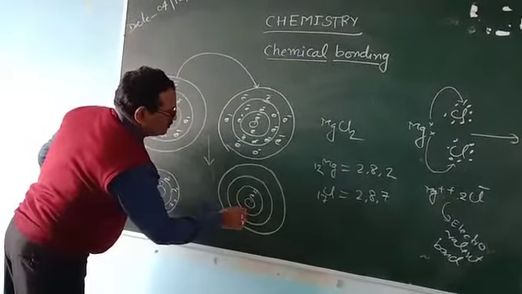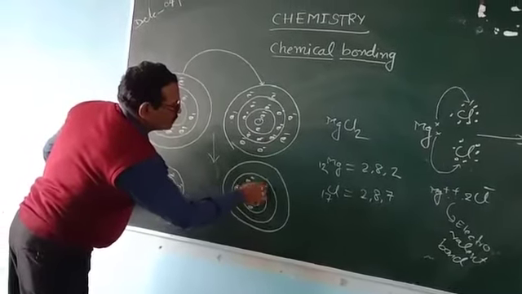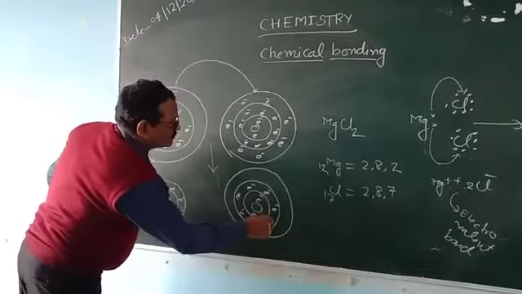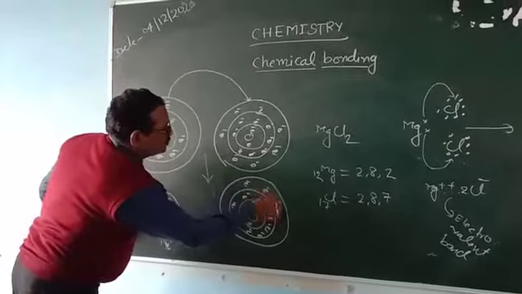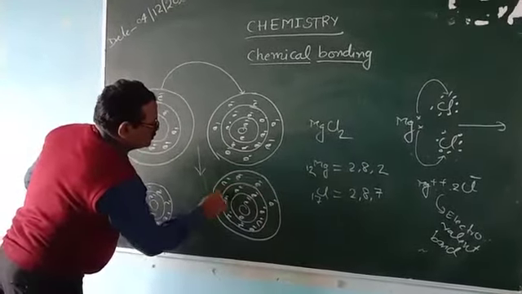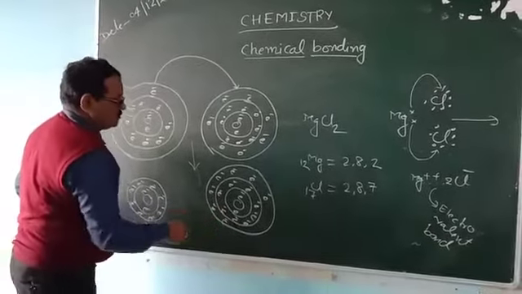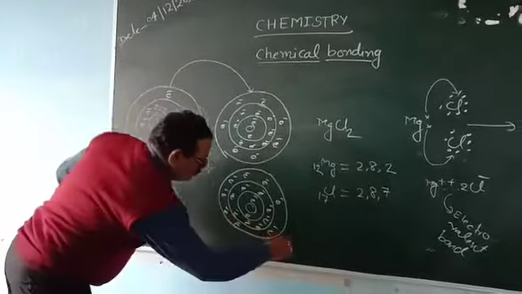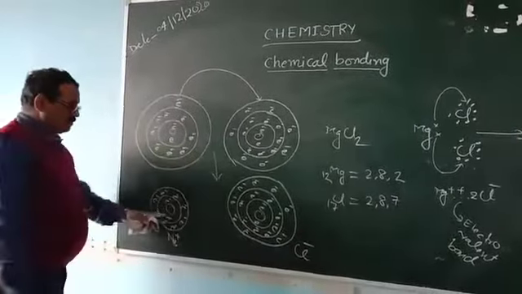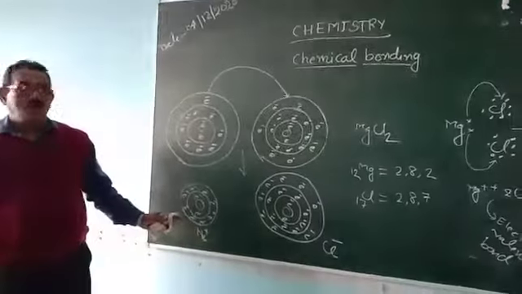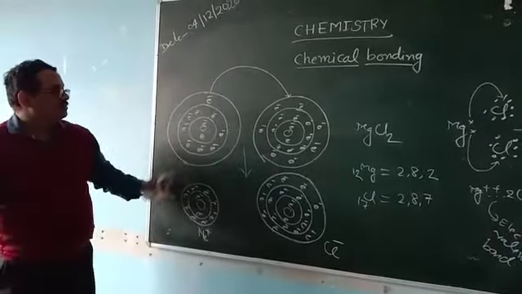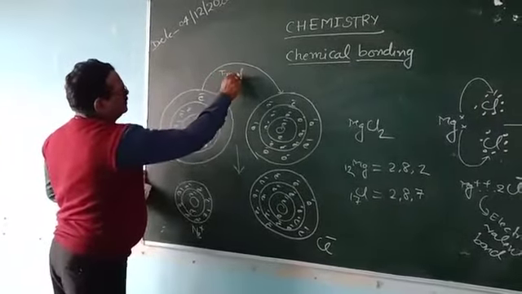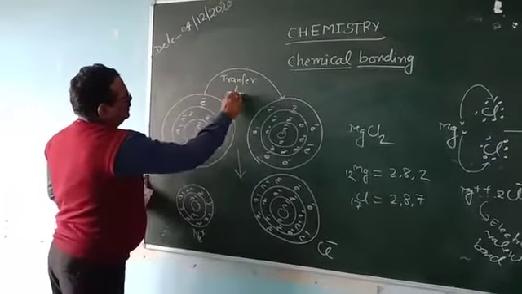The 2 electrons in the first shell and next, and the last also 8 electrons. Then this is your chloride ion. You can say that this is the transfer of electrons.